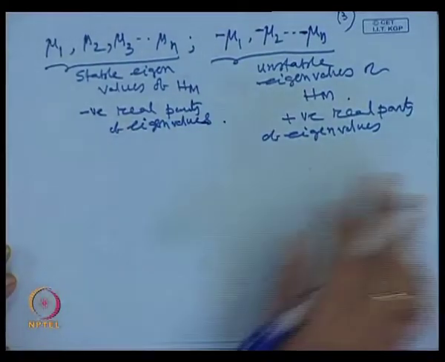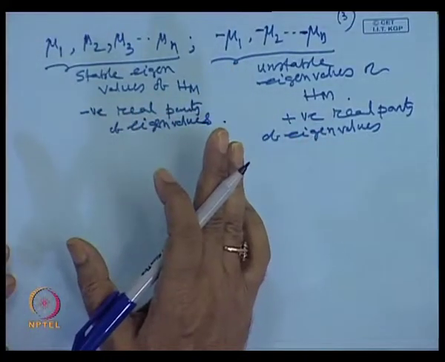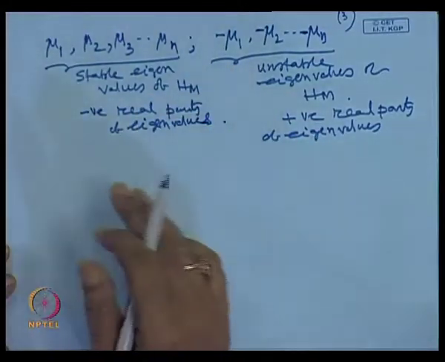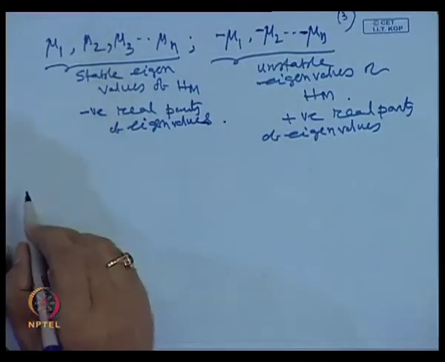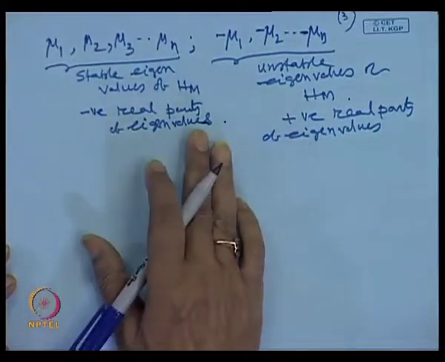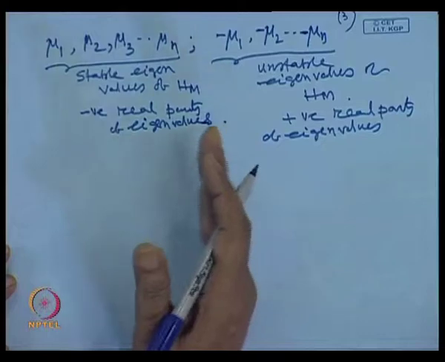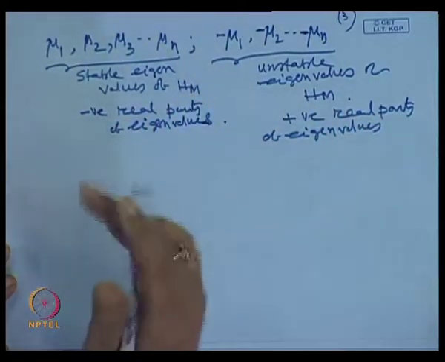Then we will see that the eigenvalues are symmetric about the imaginary axis. To show this, we have already discussed it earlier. At this stage, we just briefly discuss how we make comments like this. The eigenvalues of the Hamiltonian matrix are symmetric about the imaginary axis.